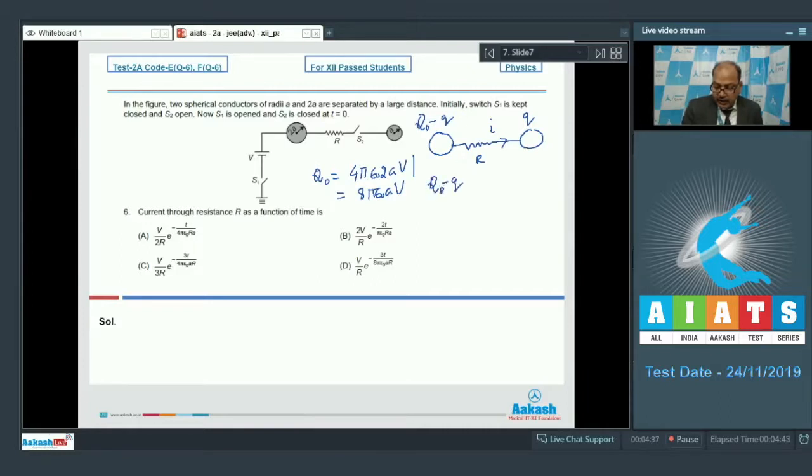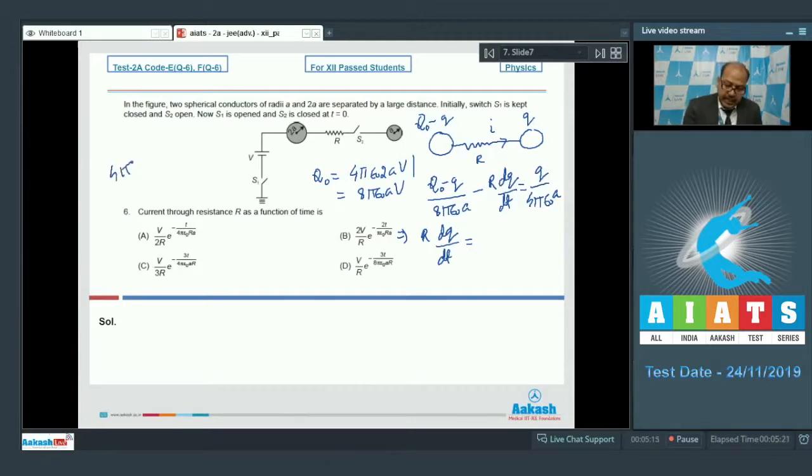Q0 minus q by its capacitance, which is 8 pi epsilon naught a, minus R into I, which is dq by dt, equals the potential of the other sphere, which is equal to q by 4 pi epsilon naught a. This gives us R into dq by dt is equal to, let us make a small substitution.